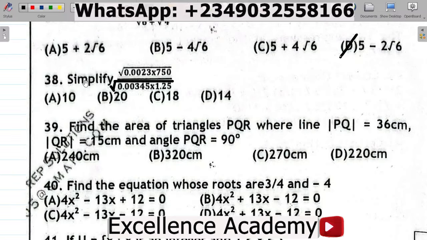Question 38. Simplify the square root of 0.0023 times 750, all over the square root of 0.00345 times 1.25.